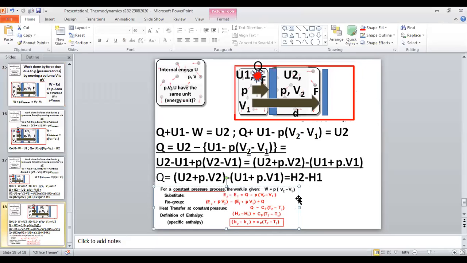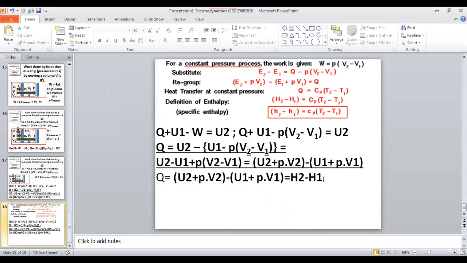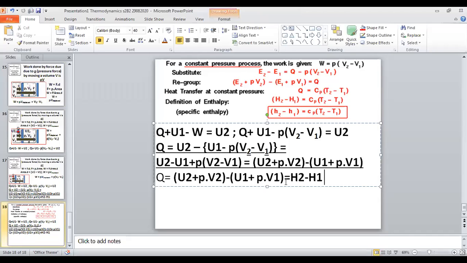Because here you take constant pressure, when you have the constant pressure, this H2 minus H1 we can write as Cp, constant pressure, times T2 minus T1.